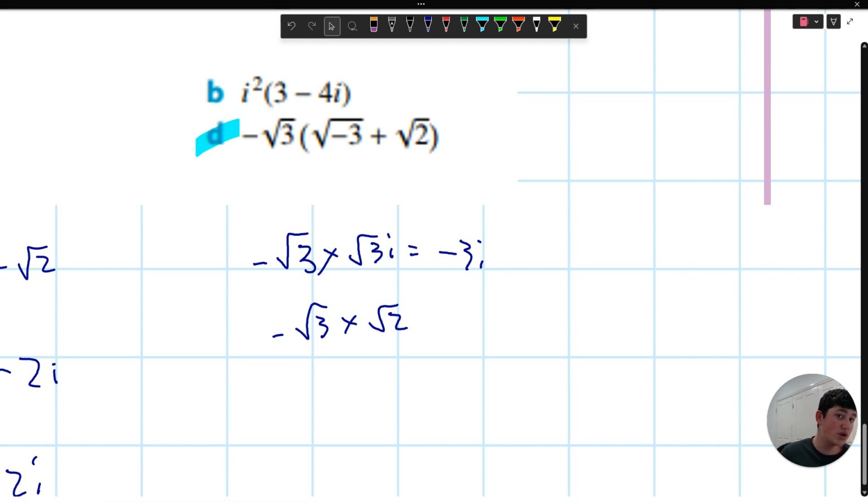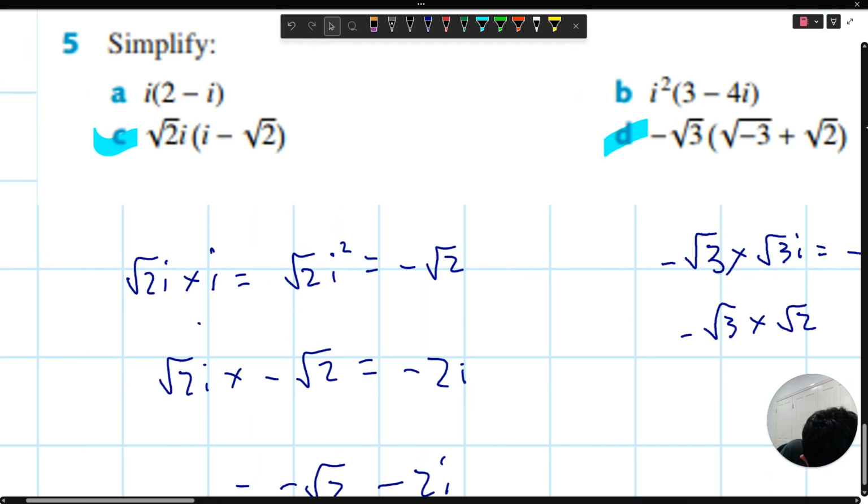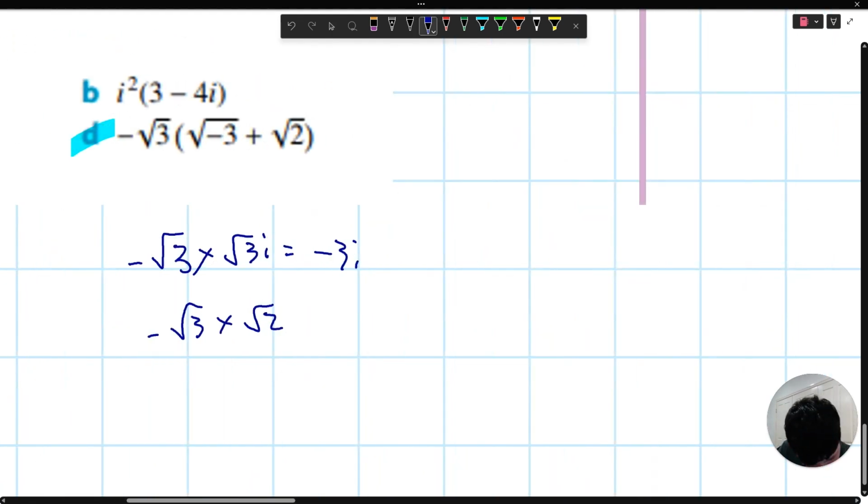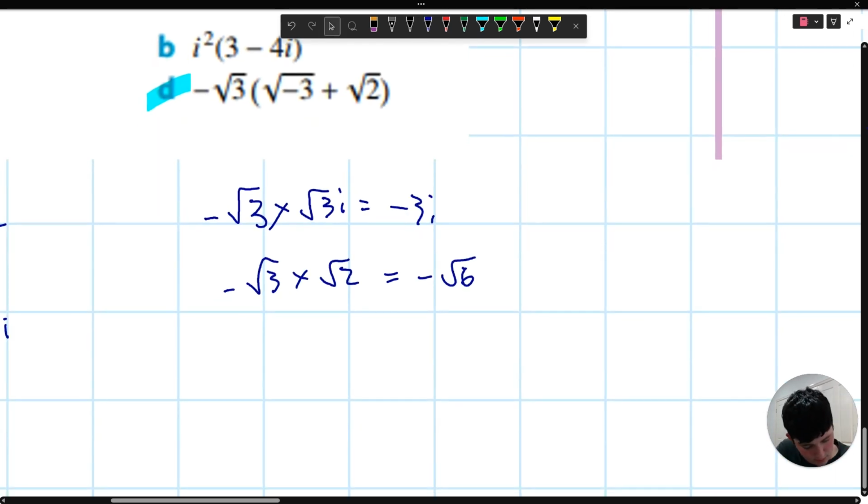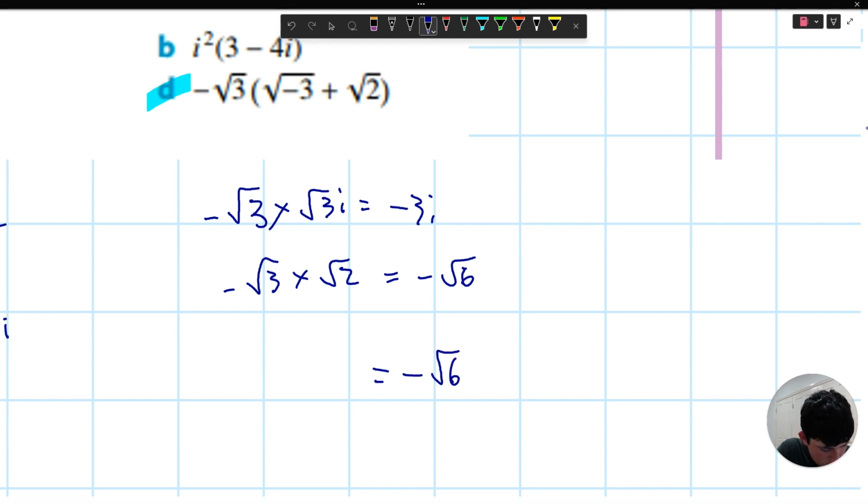Root. Who am I kidding? You know how to multiply roots. Negative root 6. No, you can't simplify root 6. Can you? No, I don't think you can. Minus 3i.